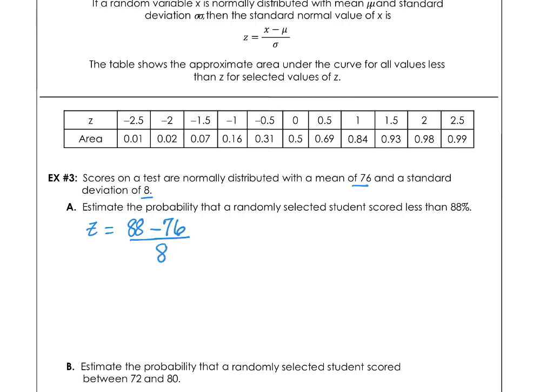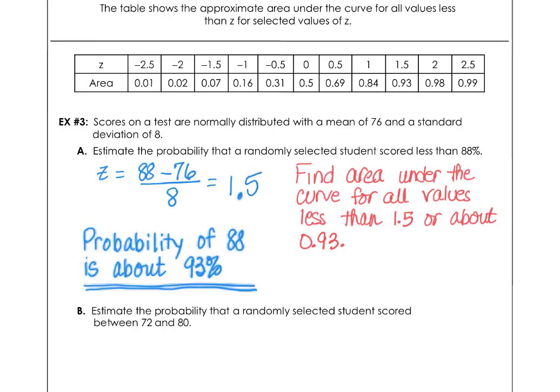So 88 minus 76 divided by 8 is 1.5. If we find the area under the curve for all the values that are less than 1.5, then we see that is 0.93. And these are the scores that are normally distributed. So the probability of getting less than an 88 on the test is about 0.93 or 93%.